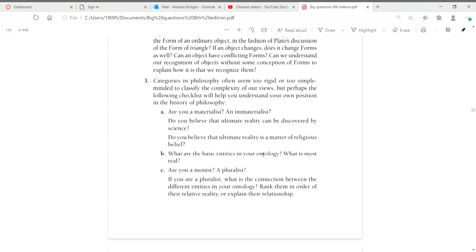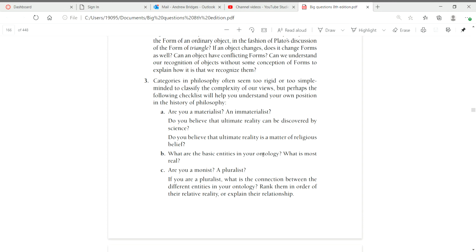So for example, if you're an immaterialist, meaning you think that things exist that are immaterial, then how could science discover that? But I'm not necessarily talking about energy, which is immaterial, or other scientific things. I'm talking about more of a supernatural reality, perhaps. How could science discover that? If you still think it can, be sure to explain this.